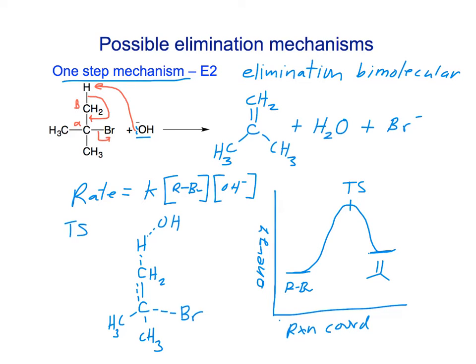So in the transition state, we'll have a partial minus on the hydroxide because it had a full minus as a reactant, and it's neutral in the product. The bromide, the leaving group, will also have a partial minus in the transition state because it is neutral in the reactant and has a full minus charge in the products.